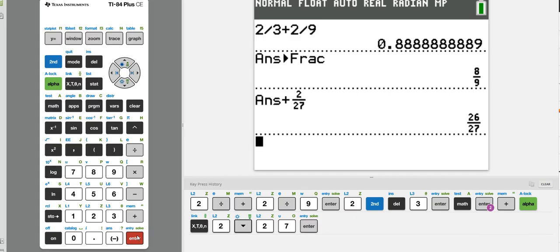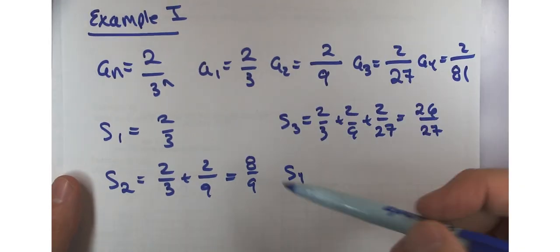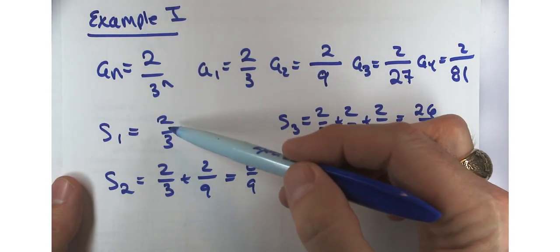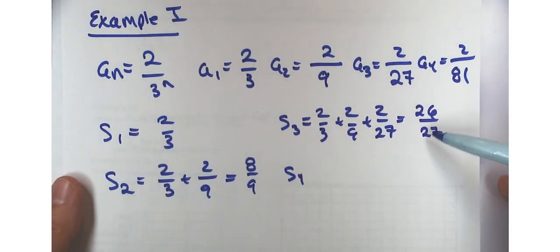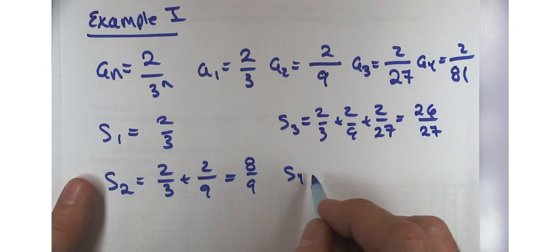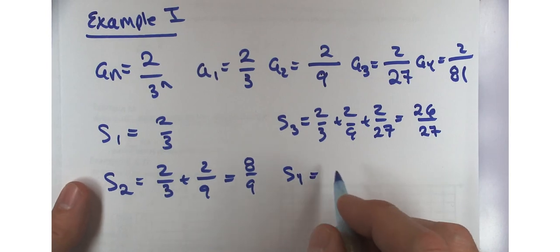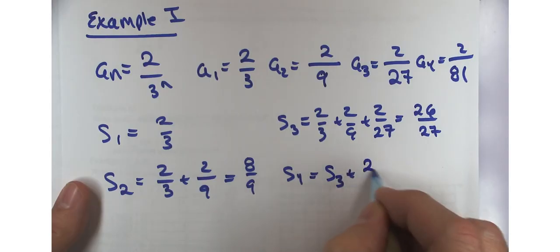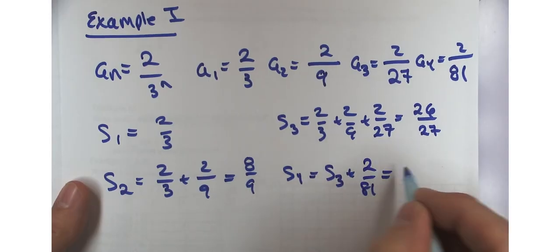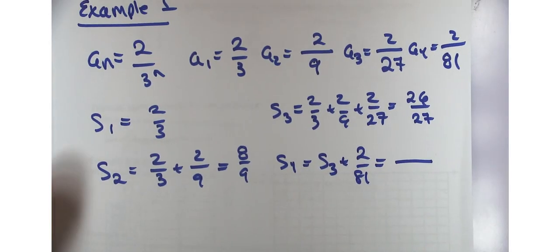Is anyone getting suspicious of a little pattern here yet? We had a 3 and a 2, 9 and an 8, 27 and a 26. So S sub 4 is going to be, well, I'm just going to write it as S sub 3 plus 2 over 81. Does anyone want to make a prediction here?